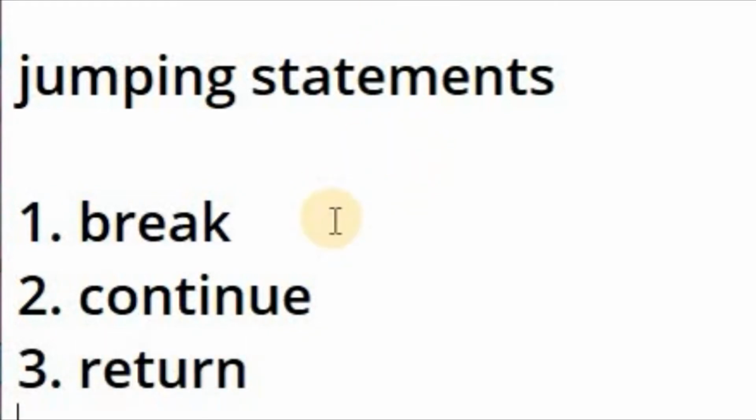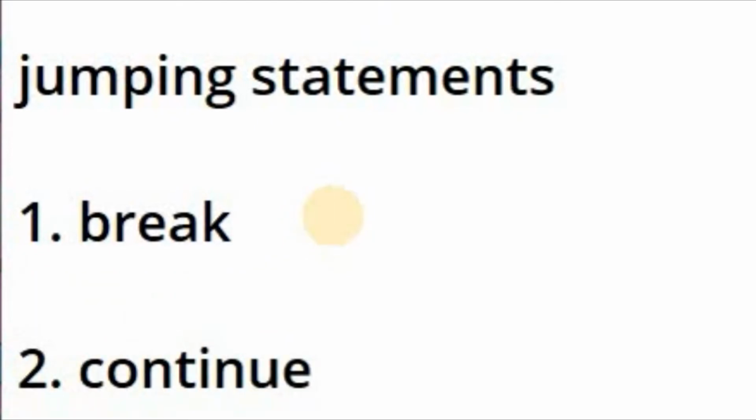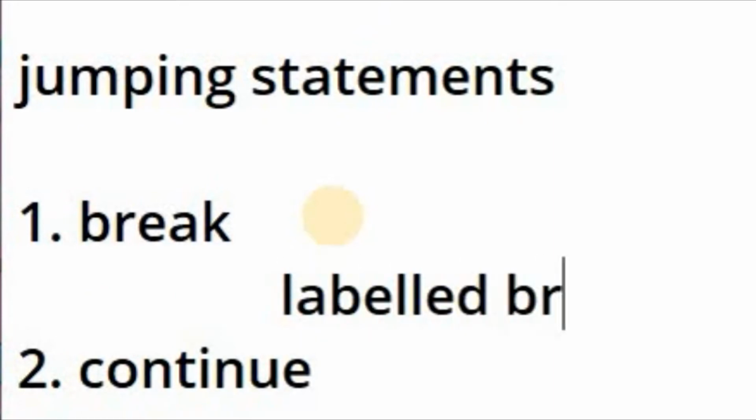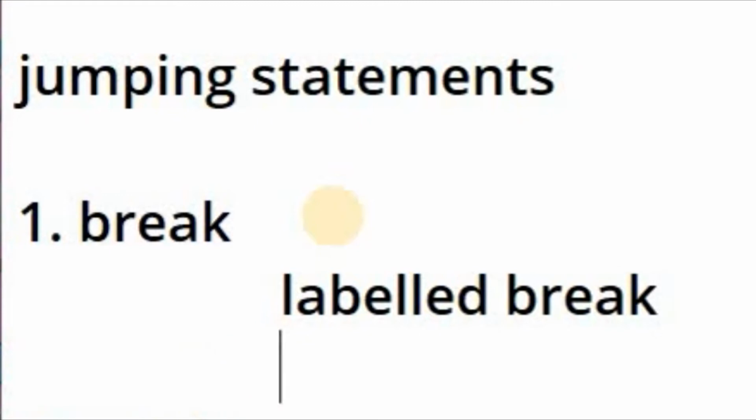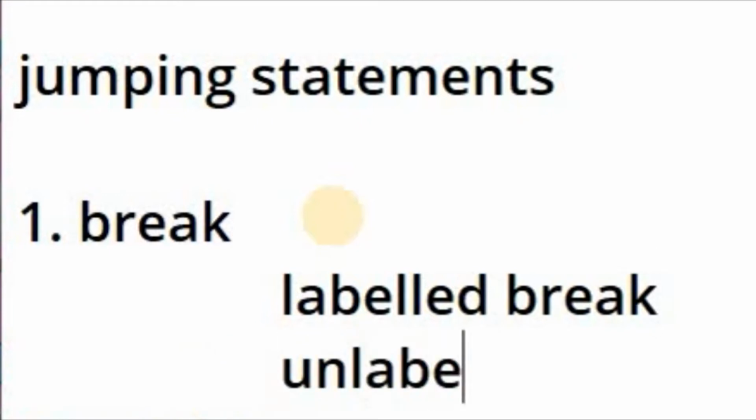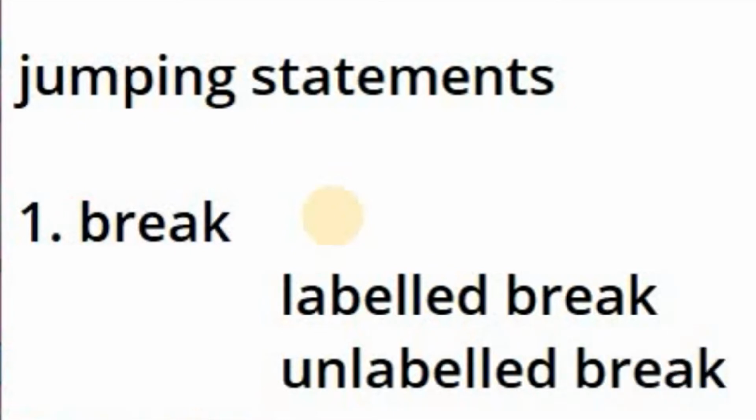And break and continue are of two types: the first one is labeled break and the second one is unlabeled break. In C++, only break is available, that is unlabeled break. But in Java, break is available in two forms, labeled break and unlabeled break.